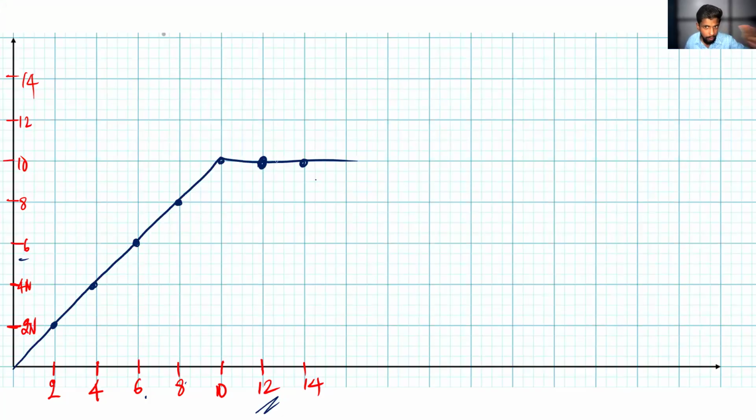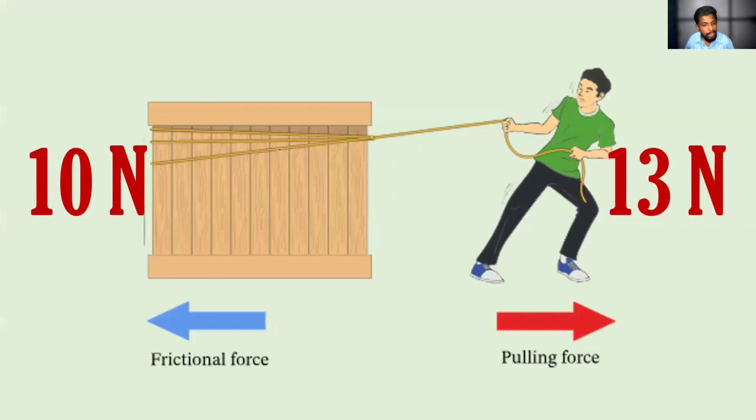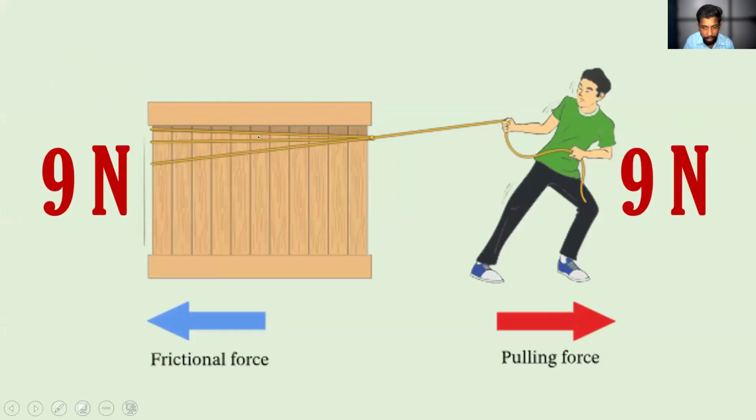Now try to get the idea. Earlier the object didn't move, right? Even though I'm applying force, I applied 9 Newton force, but the object is at rest. So when the object is at rest, we have a frictional force. I'm applying 9 Newton, I'm applying 8 Newton, still the object is not moving because we have a frictional force.